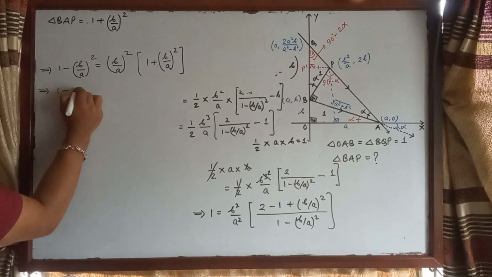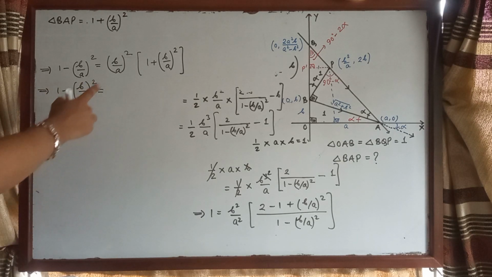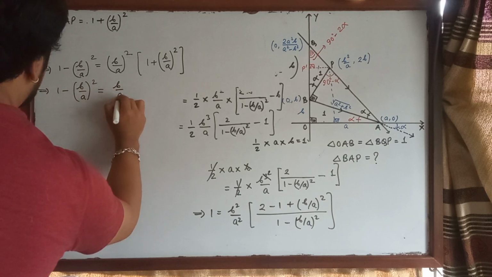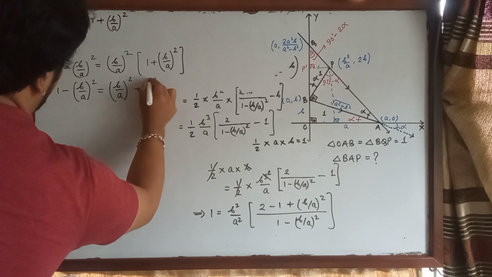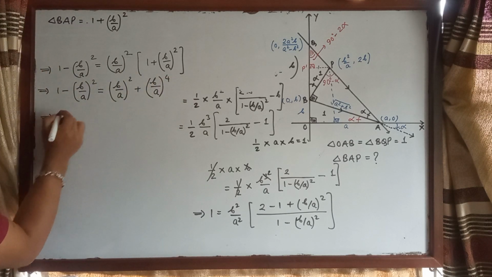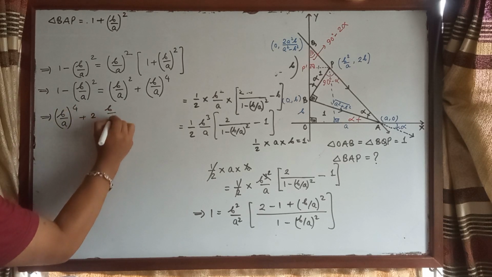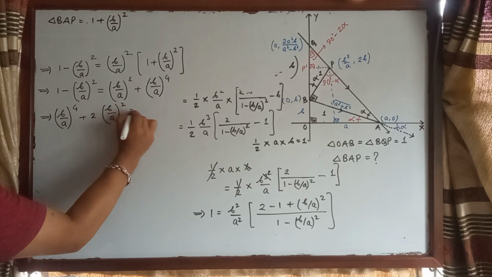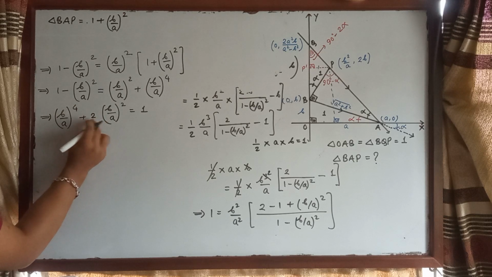This means 1 minus b over a squared is equal to b over a squared plus b over a raised to the power 4. This means b over a raised to the power 4 plus twice b over a squared is equal to 1.